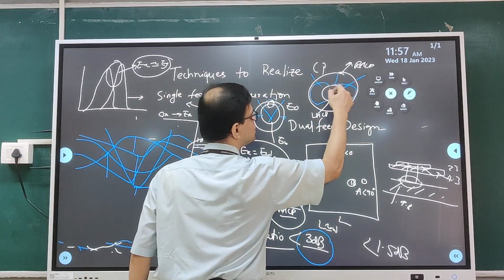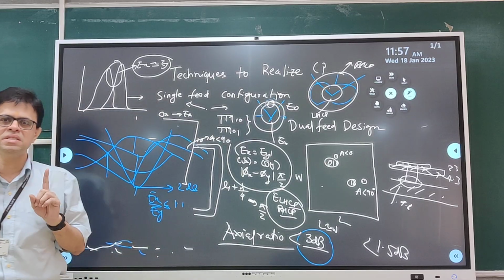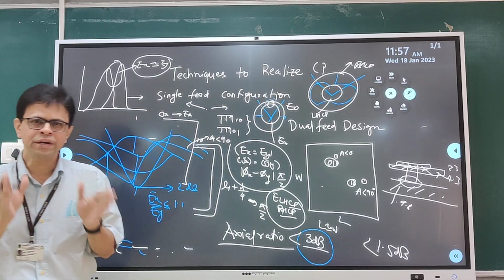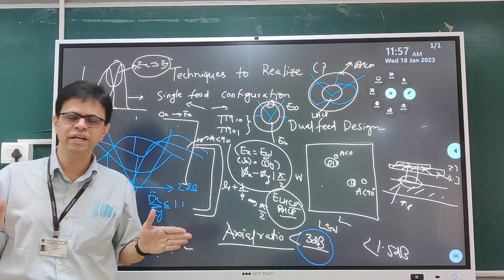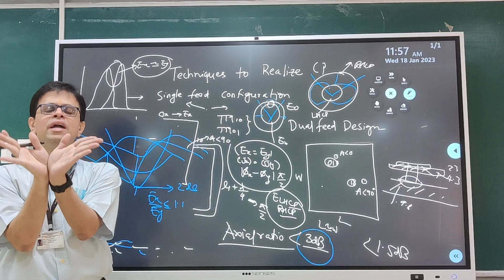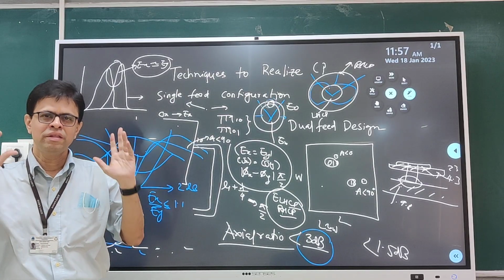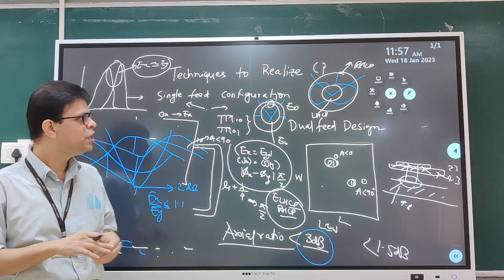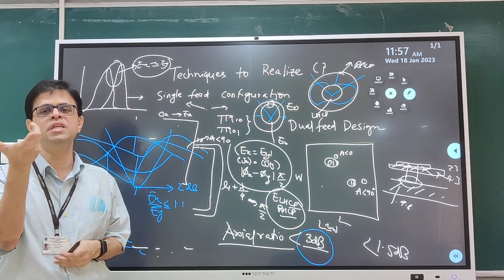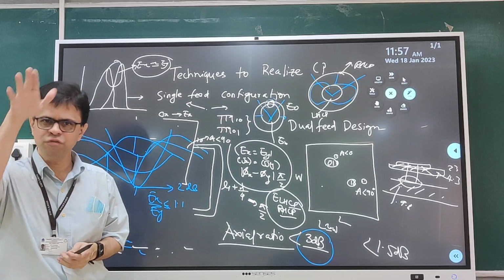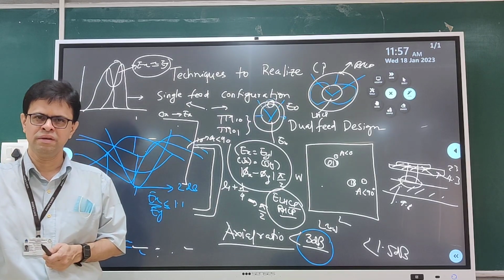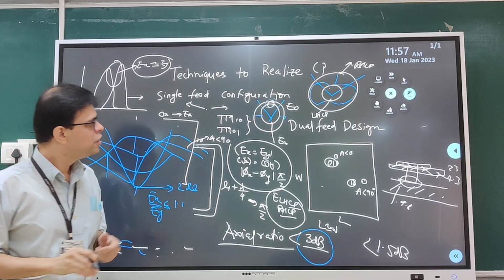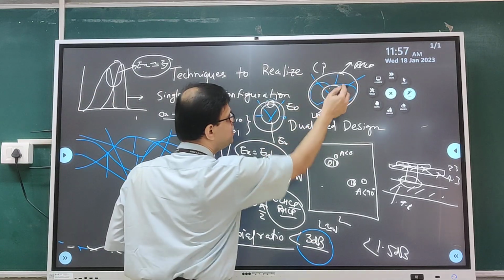What this means is you do not have circularly polarized radiation beyond a certain angular beamwidth. There are special techniques available in the literature through which you can realize a wide beam CP antenna. Of course the gain will reduce in those cases, but there are certain techniques to realize a wide beam CP antenna.